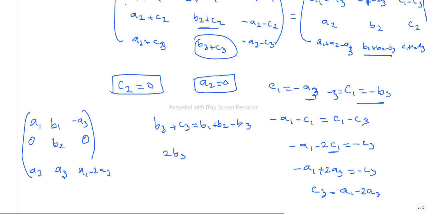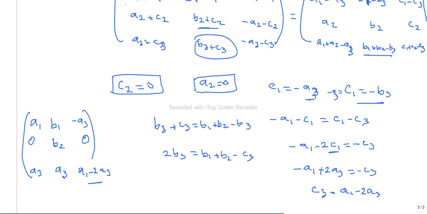Okay, and then what is B3? B3 is A3. So okay, anyway we can write this equal to B1 plus B2 minus C3. Okay, but minus C3 is this term.